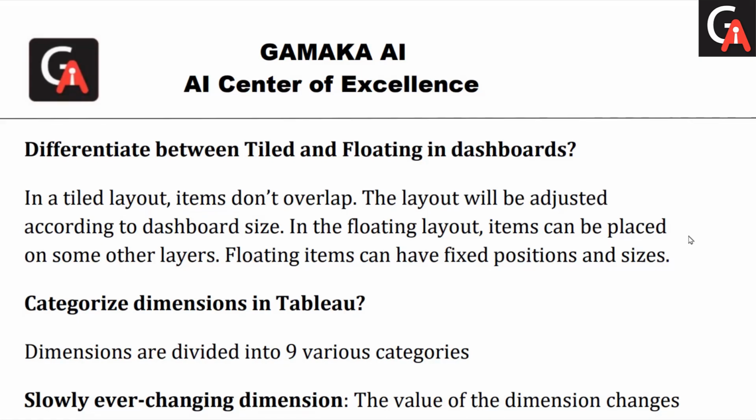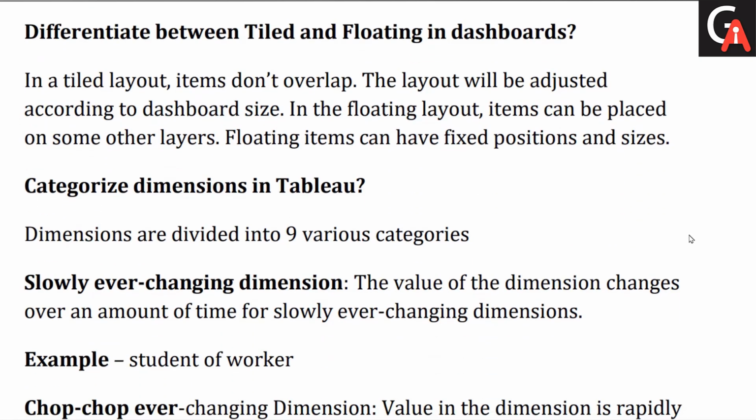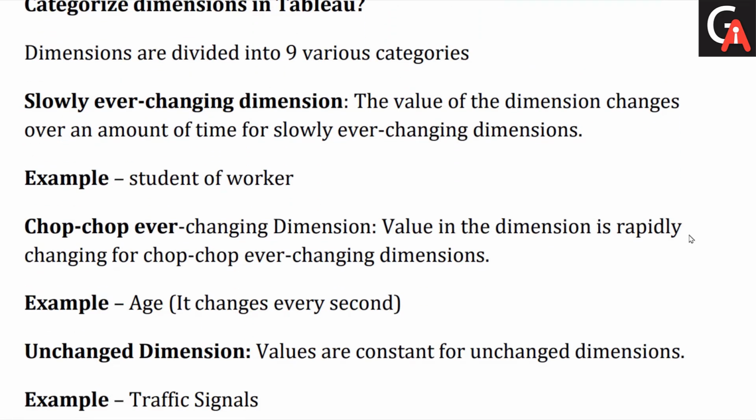Okay. Next, categorize dimensions in Tableau. Okay. Dimensions are divided into 9 various categories. So the first one is the slowly changing dimension. The value of the dimension changes over an amount of time for slowly changing dimensions. So over time, if the value of the dimension changes slowly, then it's called a slowly changing dimension.